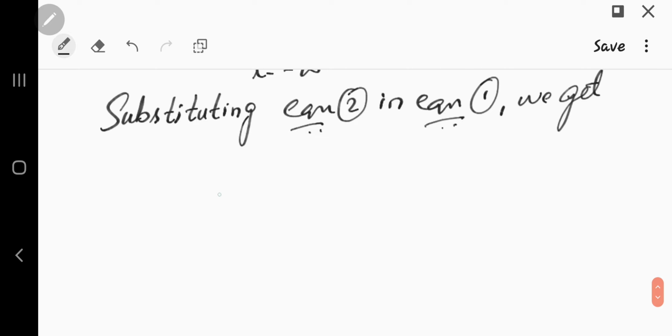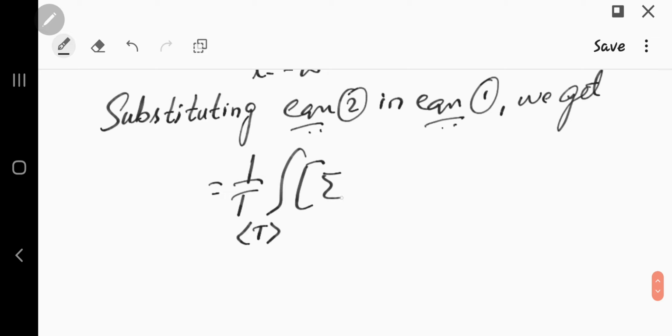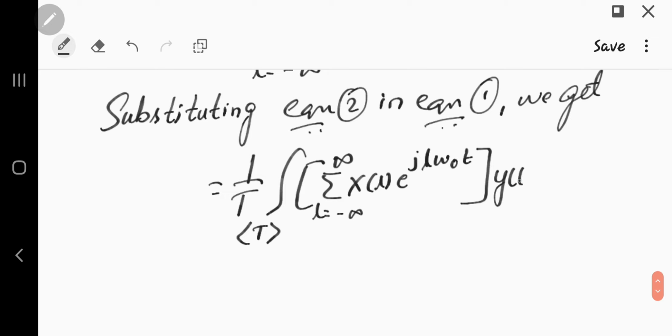we get 1 by T integral over T, and if you substitute this, summation L equal to minus infinity to plus infinity x of L. I have used L here, so I have to write L, e power j L omega naught t, into y of t e power minus j k omega naught t dt.